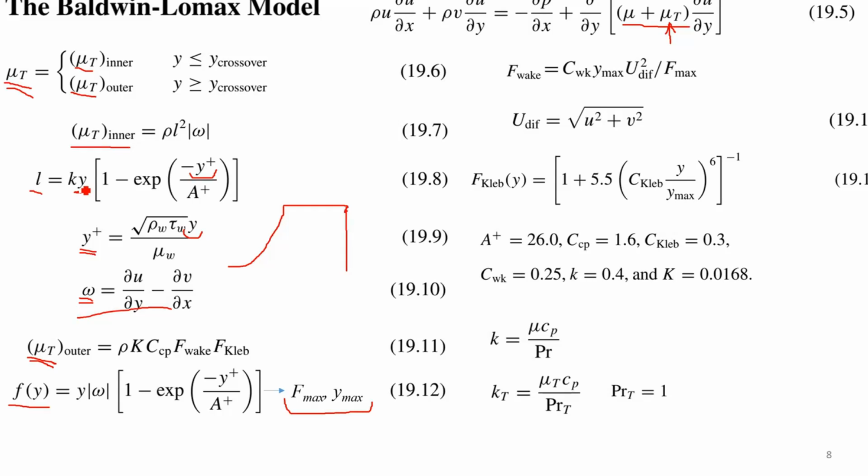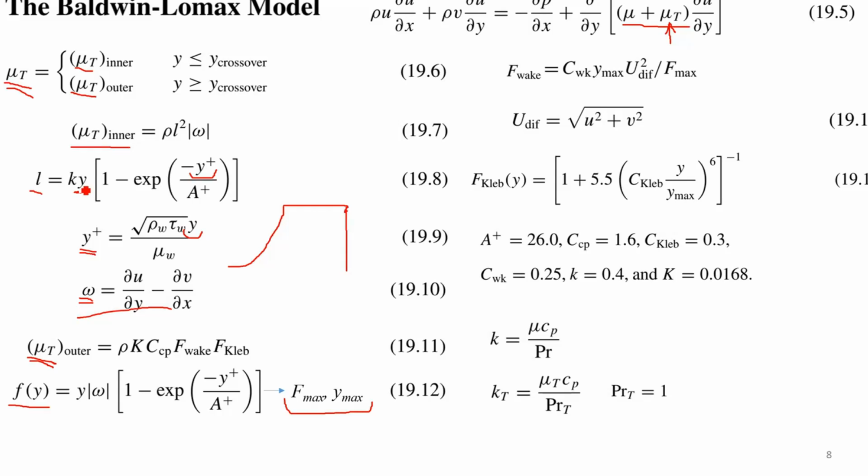So this model will work only when there is a wall. When flow is separated from the airfoil or from the wall, we cannot determine the distance to the wall, and this model will not work anymore. So outside of the body with a separated boundary layer, flow will always be considered as inviscid.